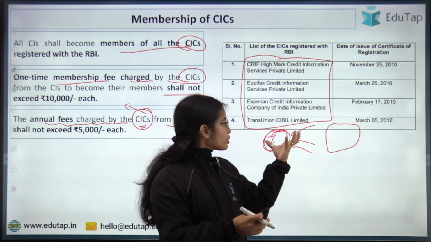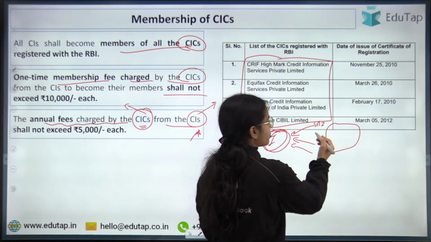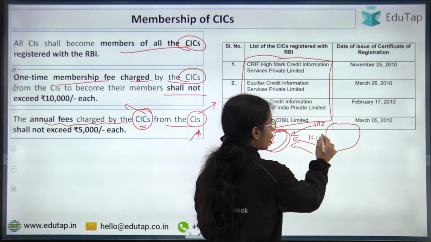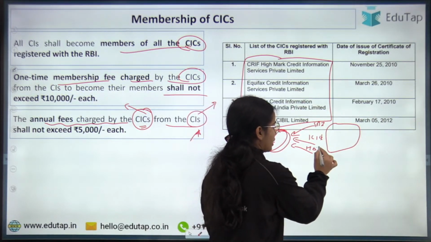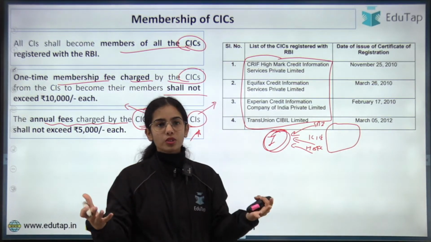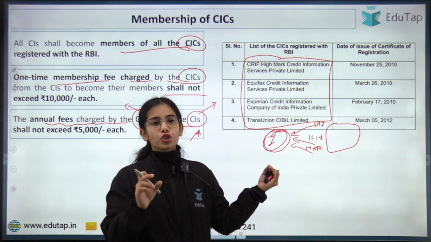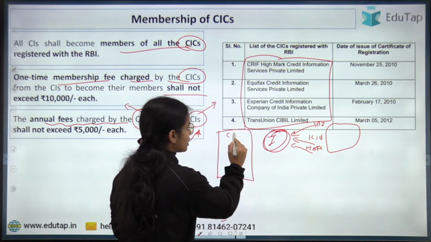SBI might not be sharing data with ICICI Bank, or ICICI Bank might not be directly connected with HDFC Bank. So how will they know where loans were taken or how many loans were taken by this individual? There are the credit information companies that provide complete credit information reporting.